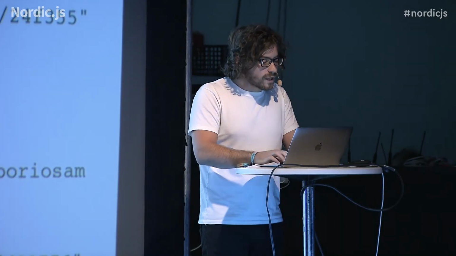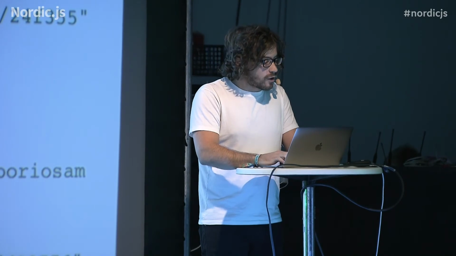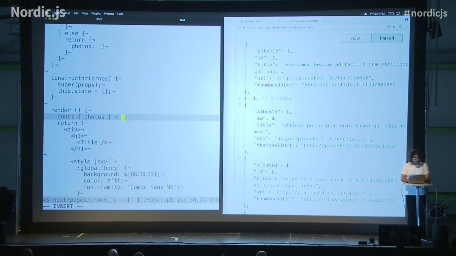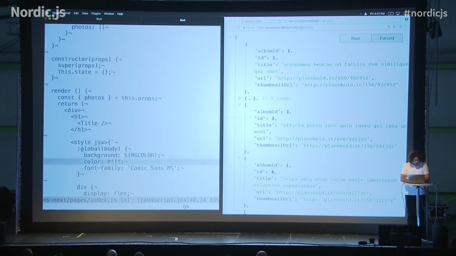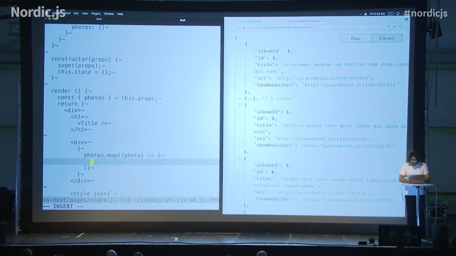We're going to do some really quick rendering here, because now that we have the props, they're exposed automatically to my render function. It's probably not going to look pretty, but we're going to do it anyway. YOLO.